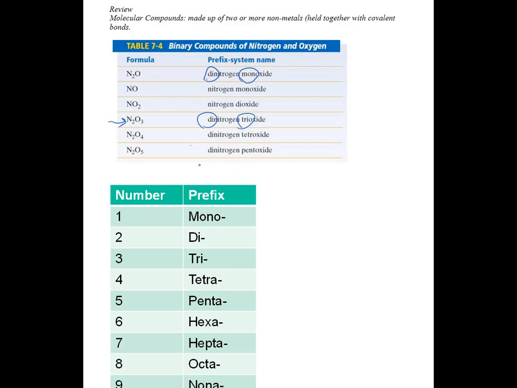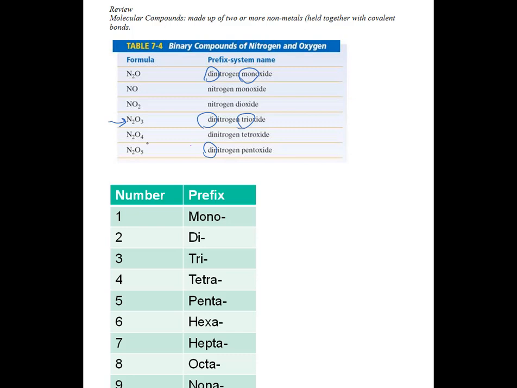Going the other way, if you want to use the information from the name to write the formula, you simply take the number from the prefix. So di is 2, nitrogen, so 2 nitrogens. Pent is 5, 5 oxygens. So dinitrogen pentoxide.